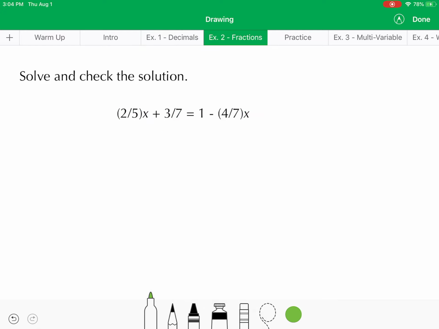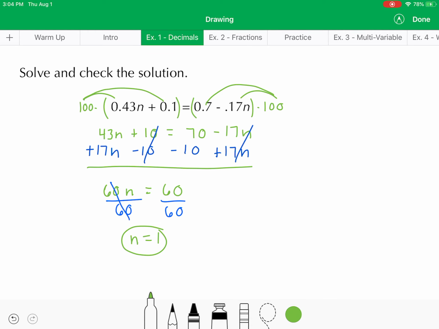How about fractions? Oh, let's back up here. Sorry. I probably should have checked my answer, right? Checking an equation is simply just taking your solution, plugging it back in for the variable. So if I put 1 back in for 0.43 times n, that's going to give me 0.43.